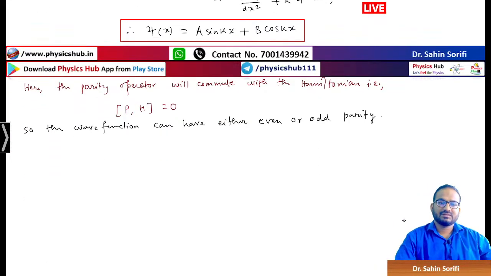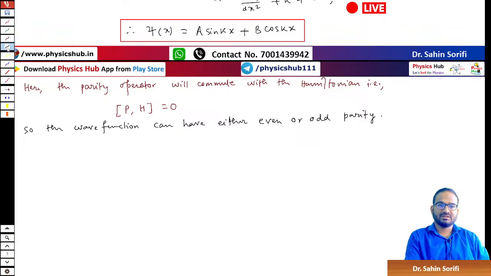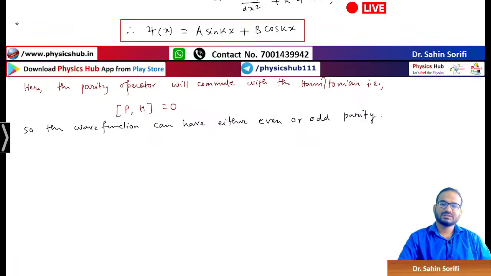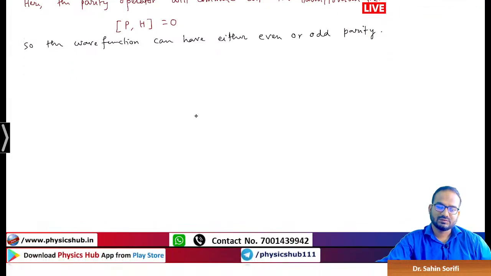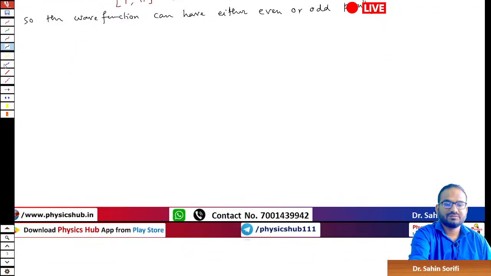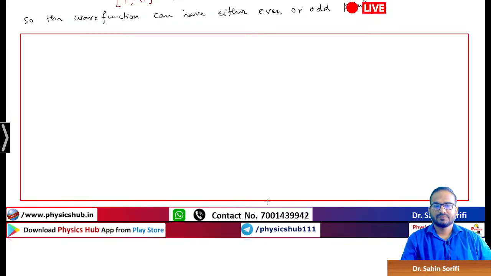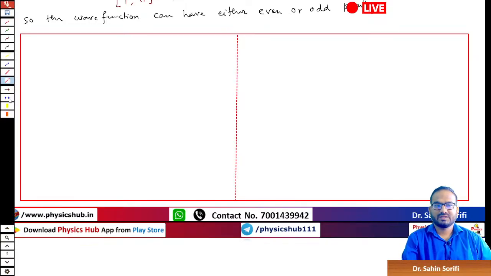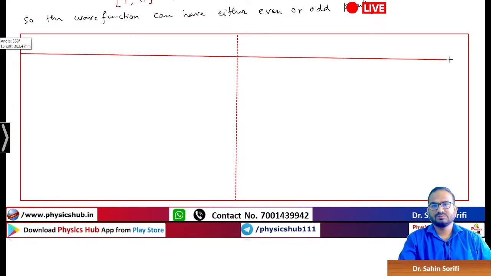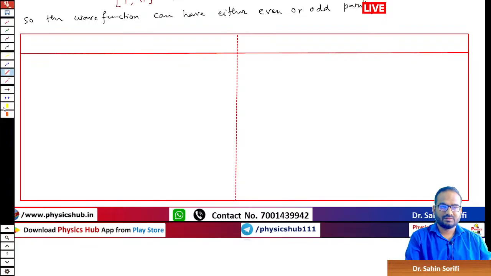Now when you consider the solutions for even parity, how does the solution go? And when you consider odd parity, how does the solution come? That we have to do. So we are going to take two cases. We will be doing it side by side and see how these two are different.